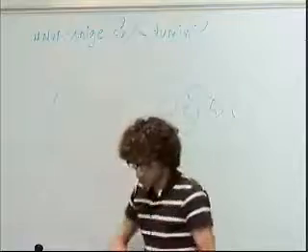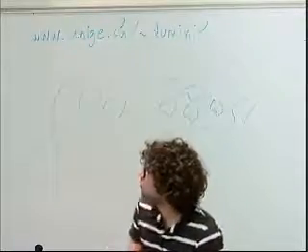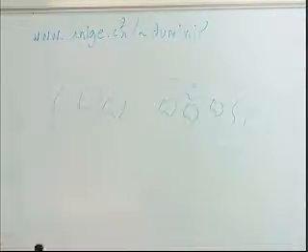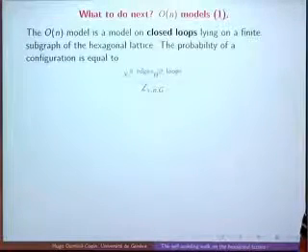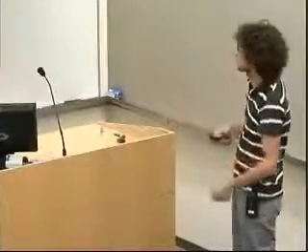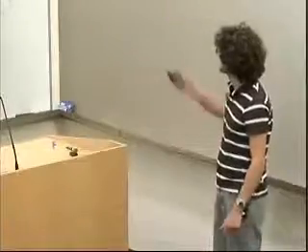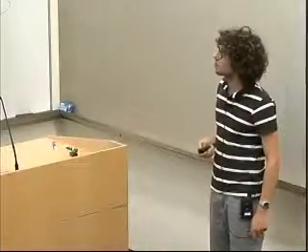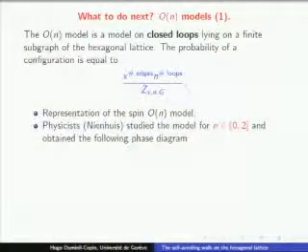The probability of a configuration is proportional to x to the number of edges you use to make your loops, times n to the number of loops. For people who know random cluster models, that's very close to this kind of model, but you don't have the same constraints on the configuration.